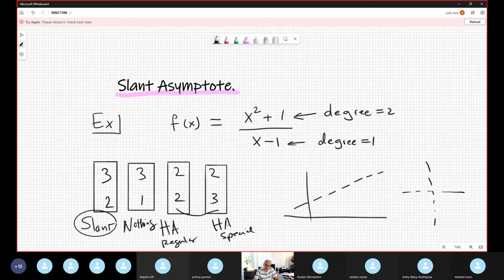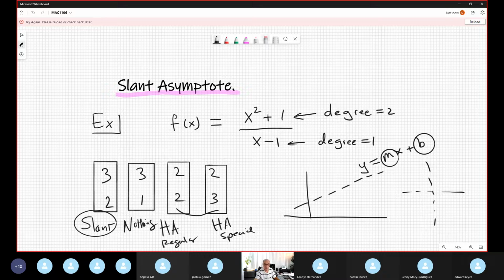This line is like mx plus b, the equation of the regular line that we studied in elementary algebra. We have a y-intercept, and we have a slope. The idea is how we determine this. But it's an inclined line, an oblique line, with a slope and a y-intercept.